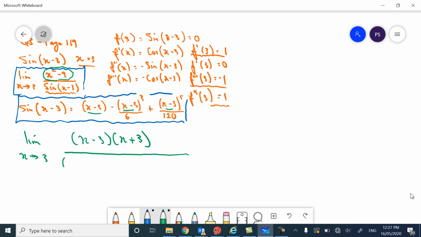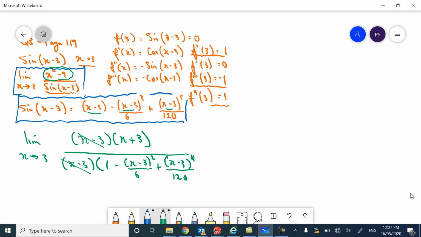So I'm going to factorise out x minus 3. That will leave me with 1 minus (x minus 3) all squared on 6 plus (x minus 3) to the power of 4 on 120. And I can cancel that out there, and I can cancel that out there.